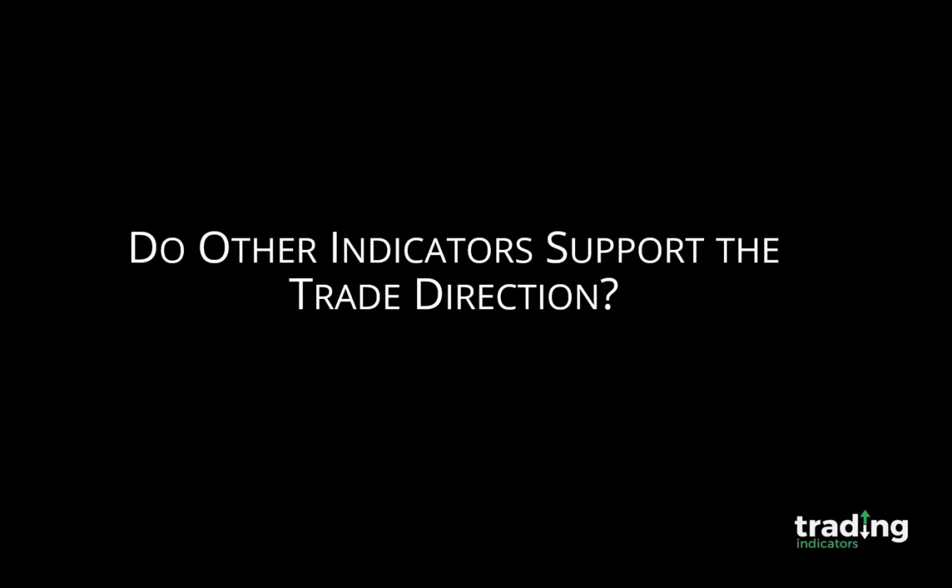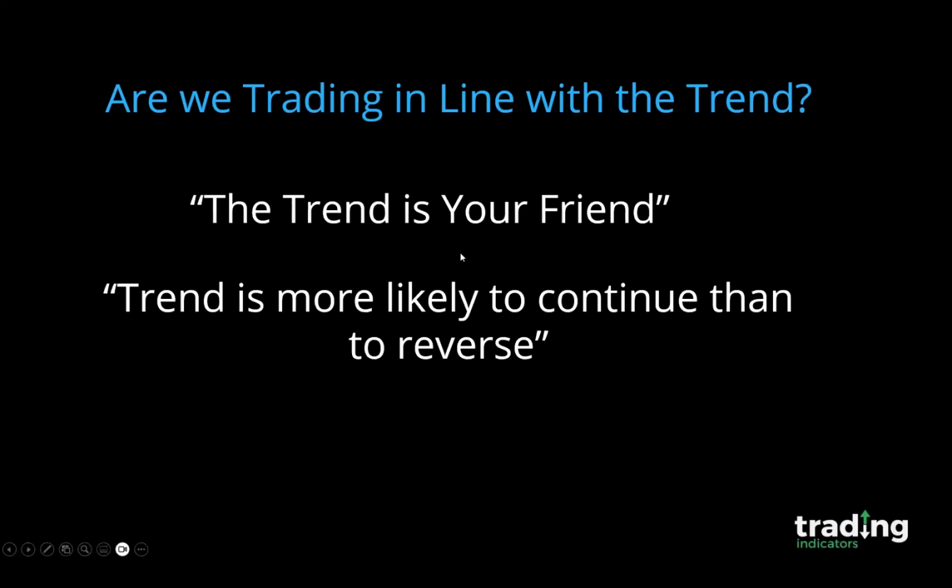Confirmation in our case means we want other indicators, other readings, to confirm the anticipated trend direction. For example, if you're looking for a bounce off support, which is a bullish move, it would be nice if the overarching trend were also bullish. This is exactly what we are going to do today. We are looking for setups which are in line with the overarching trend, because when something is trending, it is more likely to continue trending rather than reversing.